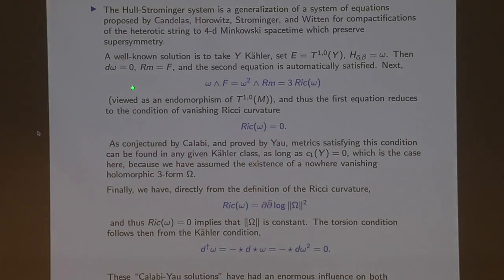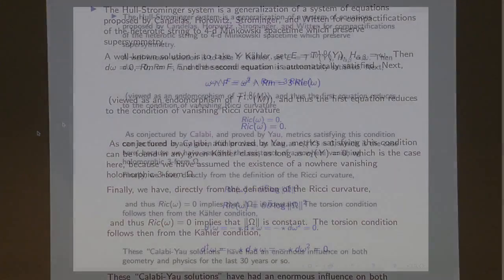So because it's Kähler, you have d omega equal to 0. This condition here implies immediately that Riemann is equal to F. And the second equation, the anomaly cancellation condition, is automatically satisfied. Now the first condition just becomes the Ricci, and so you just have to solve the equation Ricci equal to 0. And so this is the famous Calabi conjecture proved by Yau, that this condition is enough to produce such a metric in any given Kähler class.